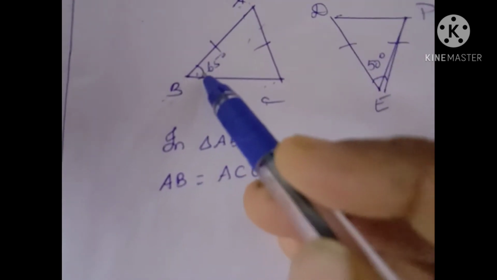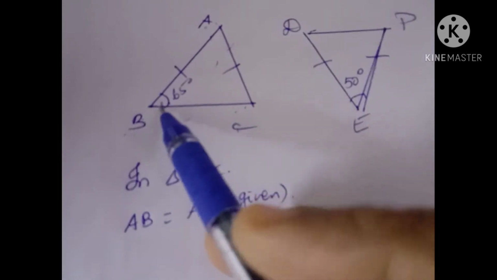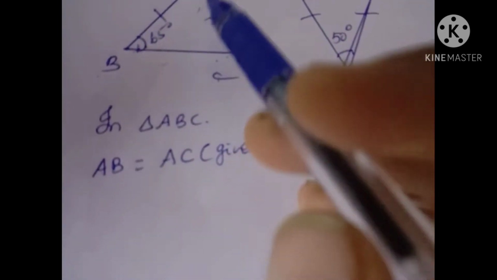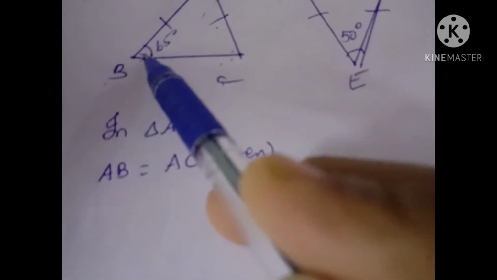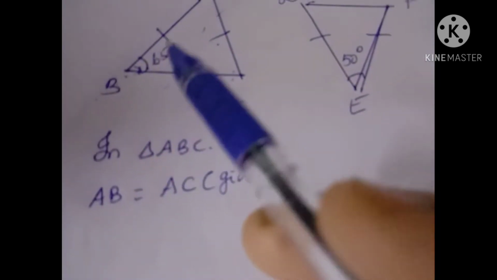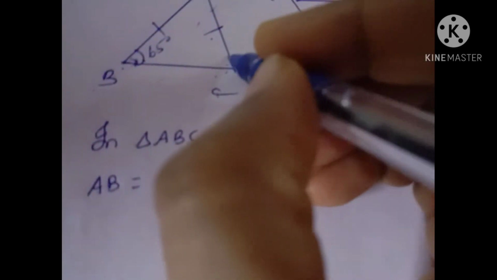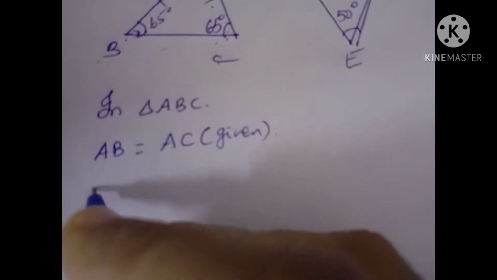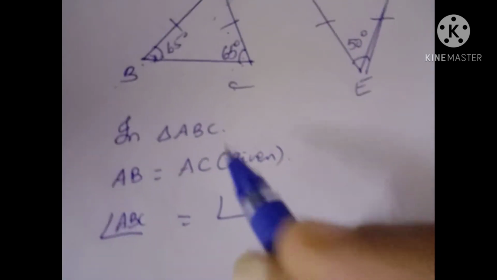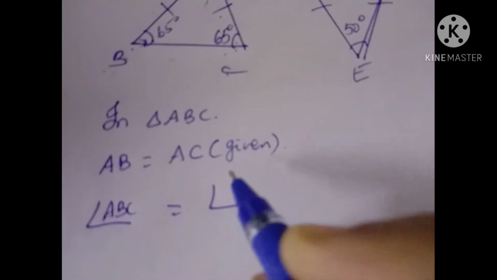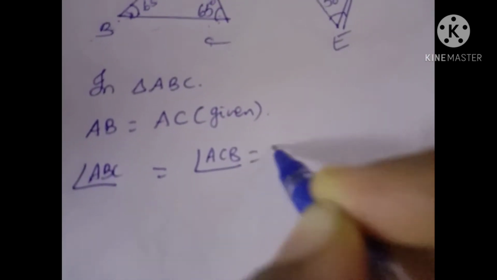If angle B is 65, the angles opposite to equal sides are equal. So the angle opposite to the equal side is also 65. That is, angle ABC is equal to angle ACB equal to 65.